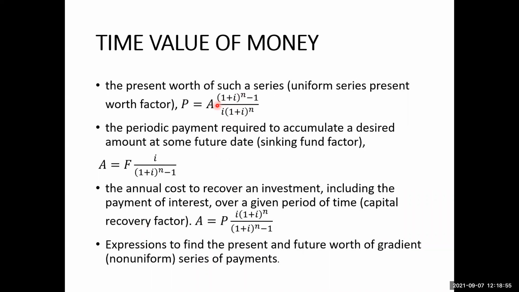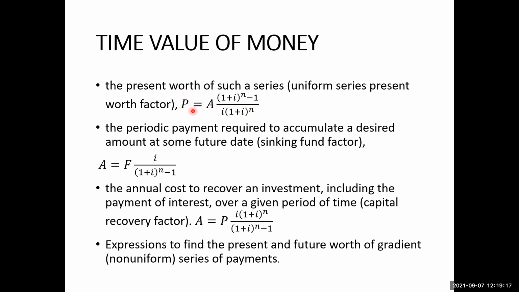Similarly, what amount in the present is justified if we want to get some value A periodically for n number of years? What amount is justified now? That is given by this formula.